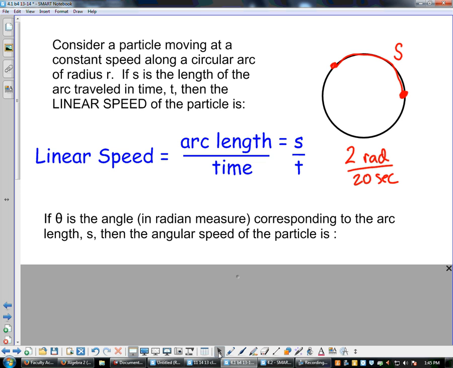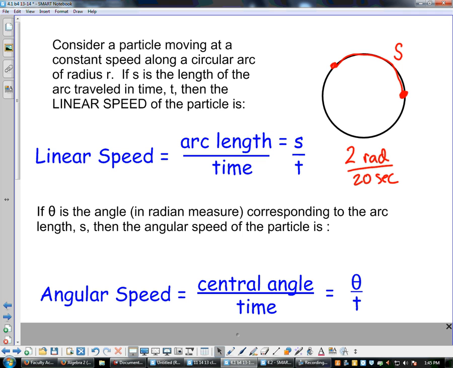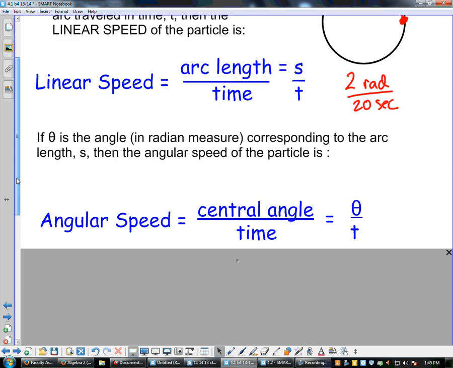All right, so if theta is the angle in radian measure corresponding to the arc length s, then the angular speed of the particle is given by a different formula, and that is angular speed equals central angle divided by time.